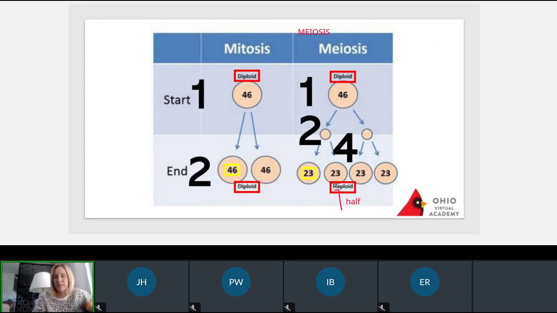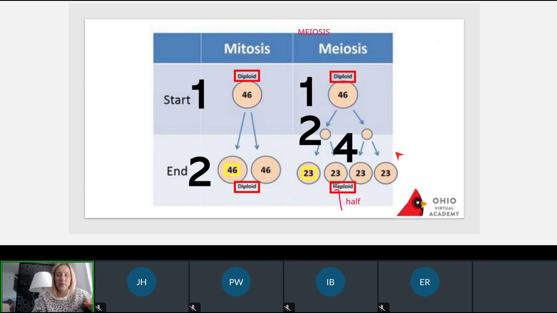You are 100% unlimited. There is a genetic disorder called trisomy 21. Has anyone heard of trisomy 21? Each one of our chromosomes are numbered. We have pairs. We have 23 pairs of chromosomes, right?